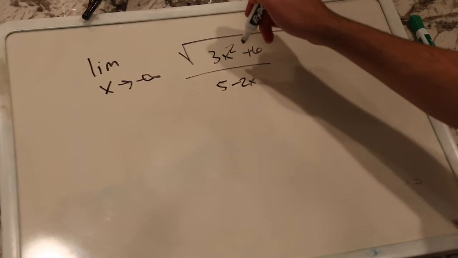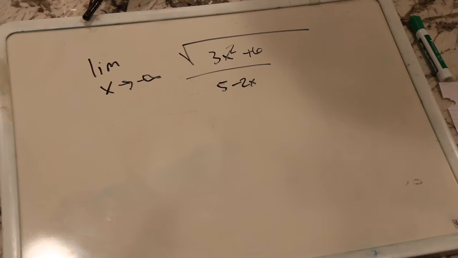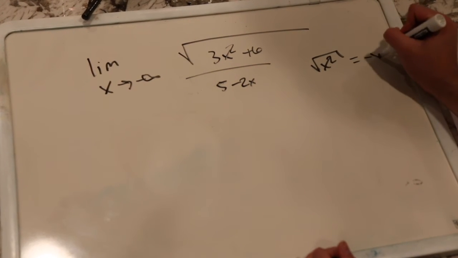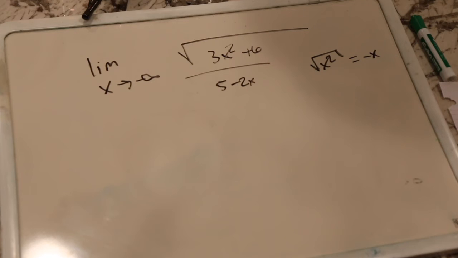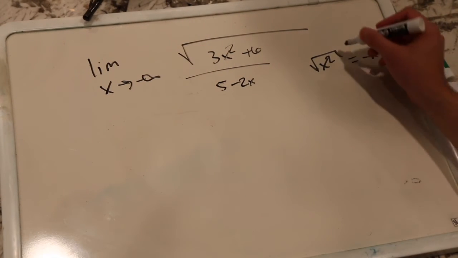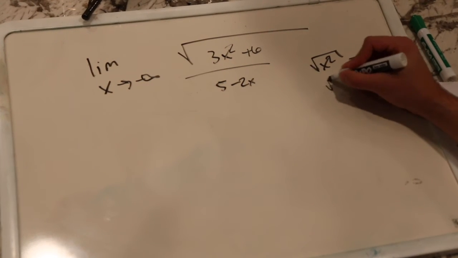Since this is a square root and then the green here is x squared, you can think of the root x squared as equaling negative x. The reason for this is that this is a limit approaching negative infinity, so this would equal negative x. If this was positive infinity, it would be root x squared equals x. But in this instance, it will be this one, so I'm just going to erase this.